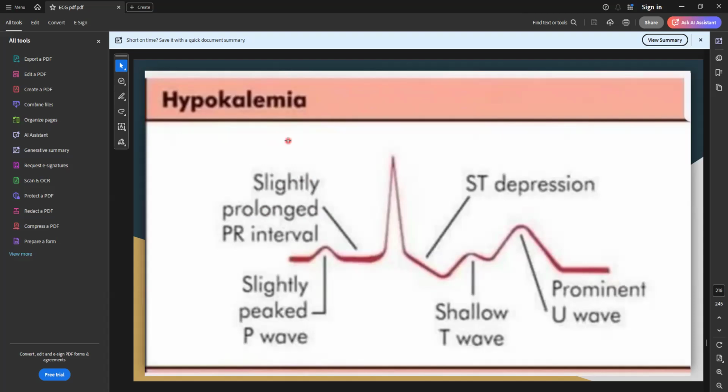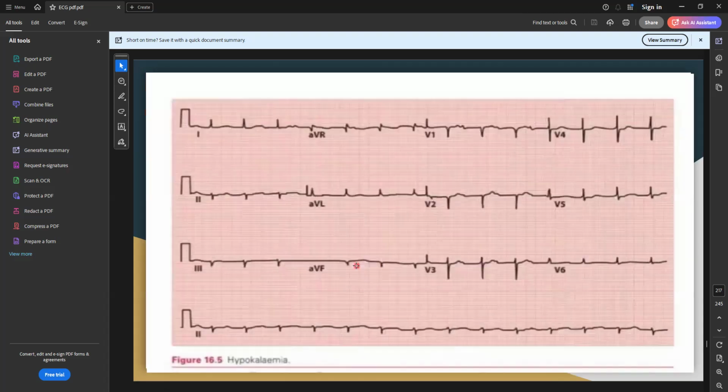Here you can see the ST depression, shallow T wave and the prominent U wave. And the P wave is slightly peaked. And there will be slight prolongation of the PR interval also.